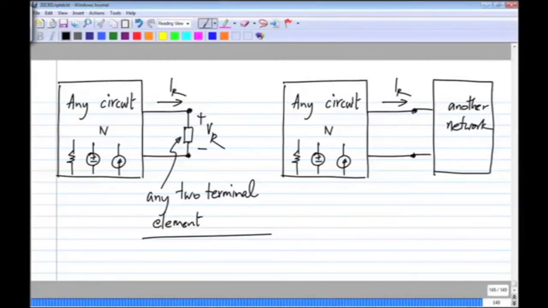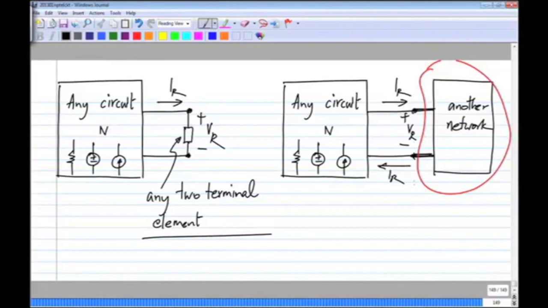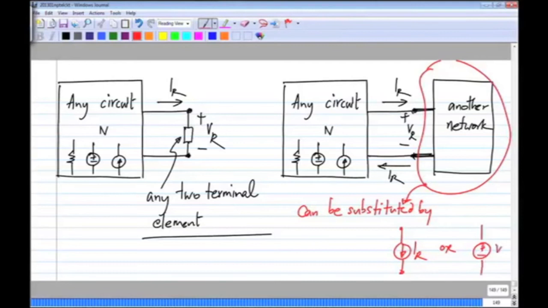The only condition is that only two terminals are brought out, and this entire thing can be substituted by, let's say the voltage across these two terminals is VR and the current flowing that way is IR, a current source of value IR or a voltage source of value VR.